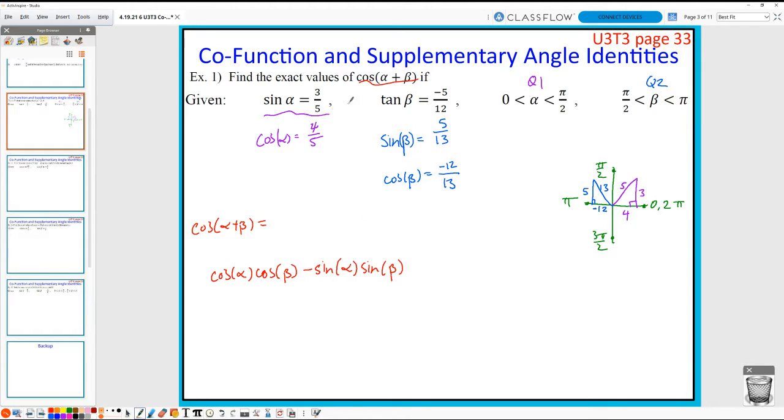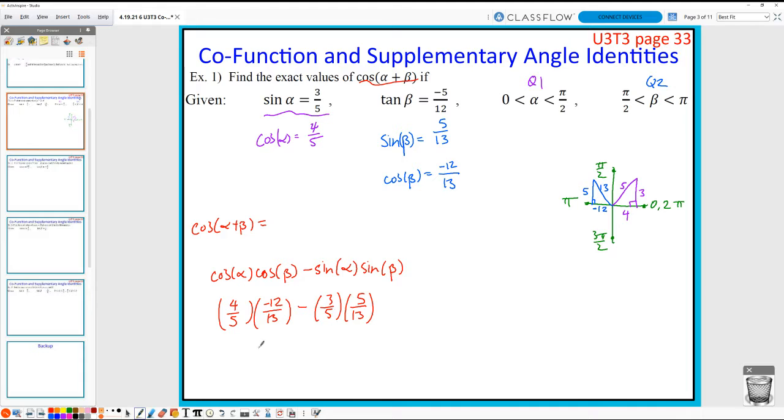Now, all I'm going to do is look at the values that I have and substitute them in, right? So cosine of alpha, 4 over 5. Cosine of beta is negative 12 over 13. Minus sine of alpha, 3/5. Sine of beta, 5 over 13.